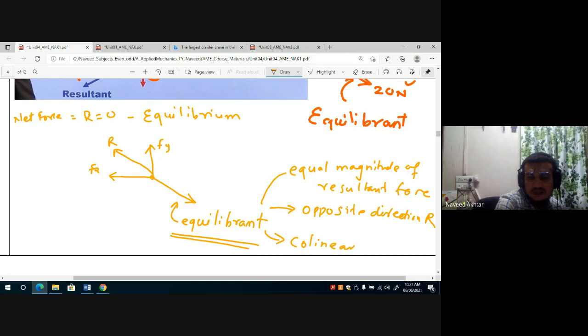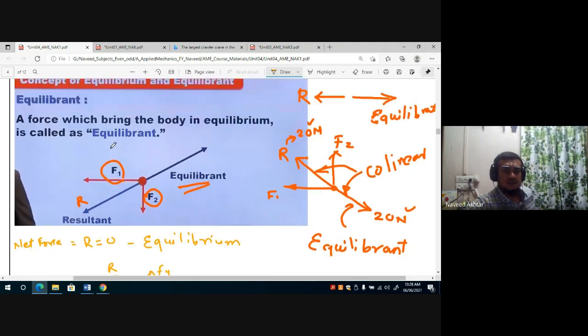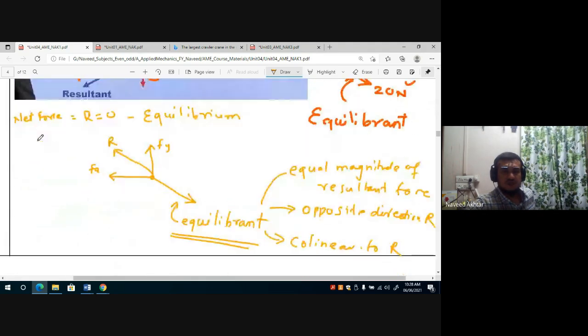Collinear means along the same line as the resultant force. Okay, so that is nothing but the equilibrant. So these are equilibrium forces.